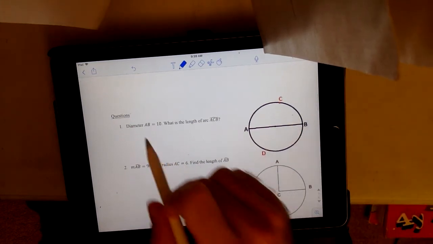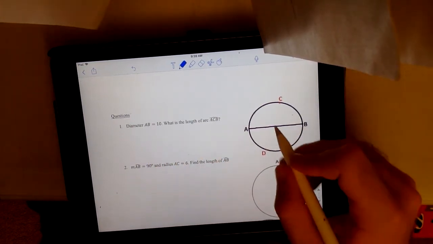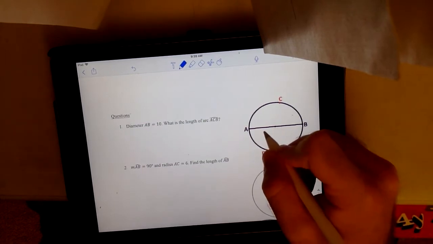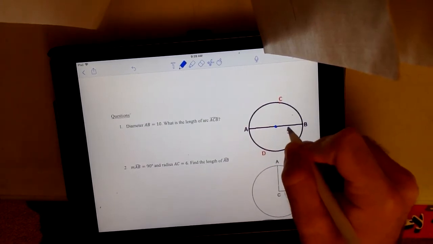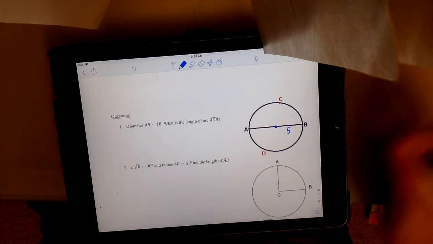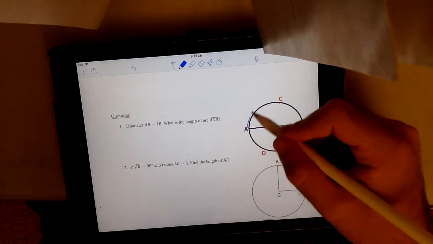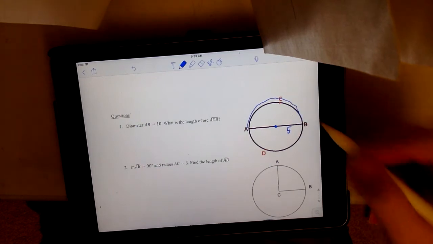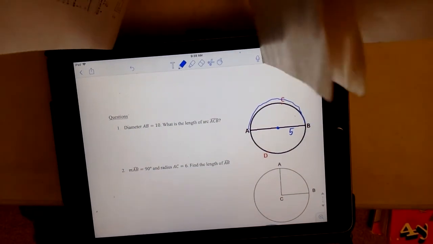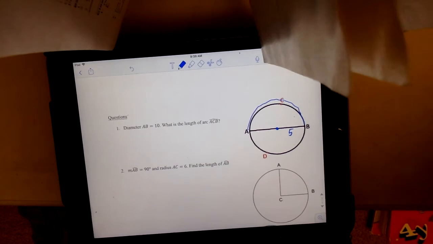The diameter of this circle is 10. So then the radius is 5. That's going to be important. I want to know, what is the length of arc ACB? Now, hold on a second. This is a key moment where I'm asking a different question.